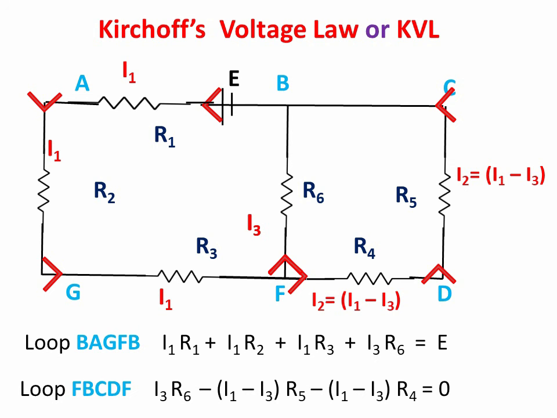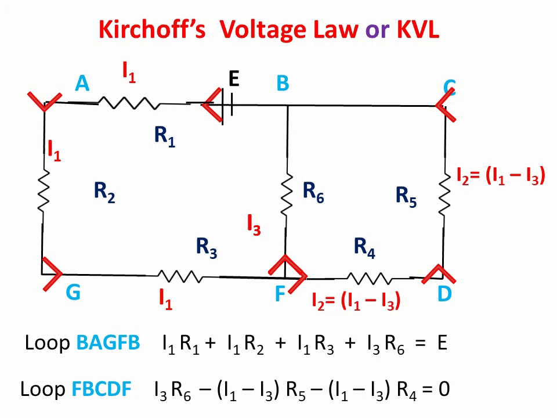In the case of the loop F, B, C, D, F, look at the diagram again. The second square is in the clockwise direction. So look at the current and resistance I3 and R6. Here there is no current and resistance in BC.